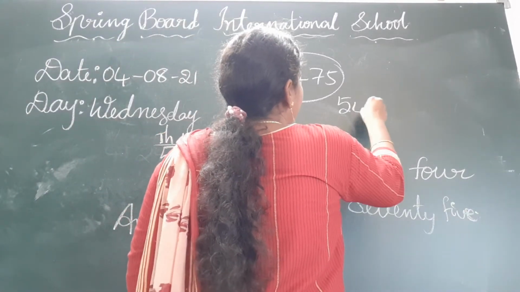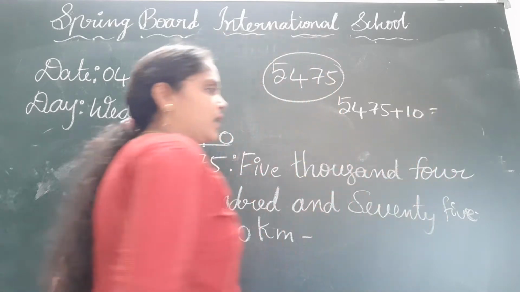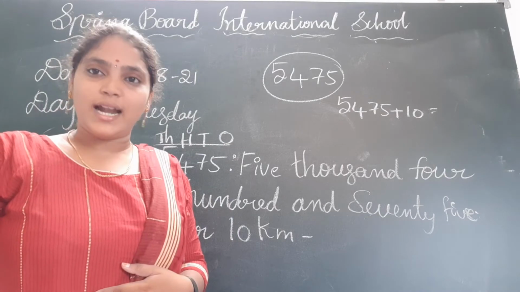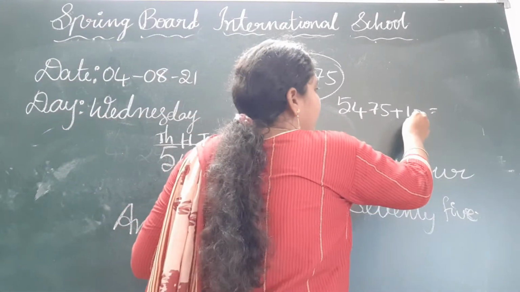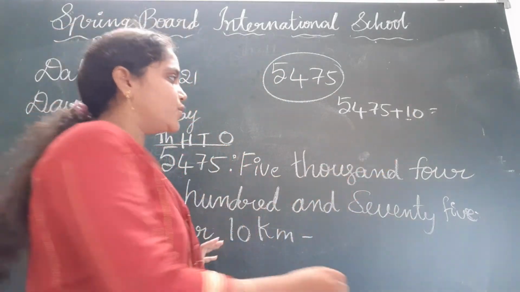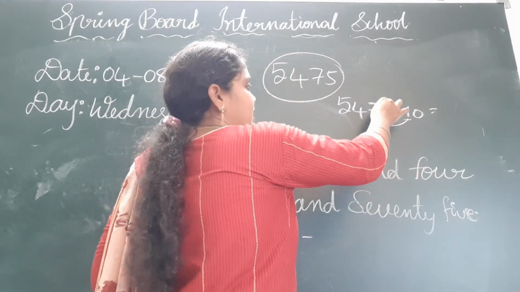So 5,475 plus 10. We have to add 10. Now I will explain, children, how we have to add 10. You can add very easily. In 10, the ones place is 0, so just add 1 in the tens place. This is the tens place of the digit.